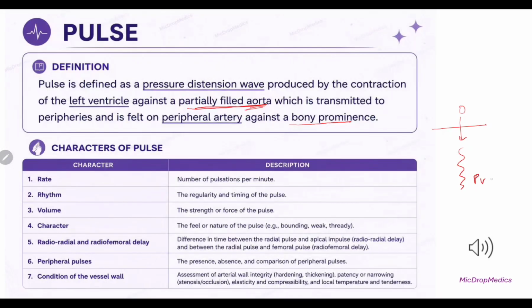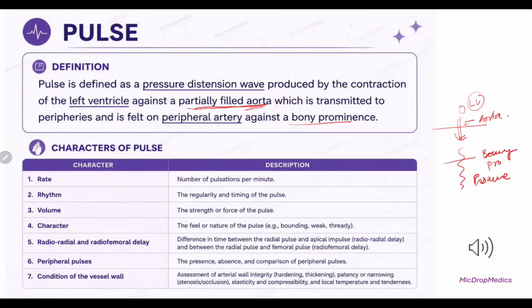In our body, the pebble is the contraction of the left ventricle forcing blood into a partially filled aorta. This creates a wave transmitted right down to the peripheries, which we can feel by pinning a peripheral artery up against a hard bony prominence. If there is no bone behind that artery, you can't trap it and you won't feel it.